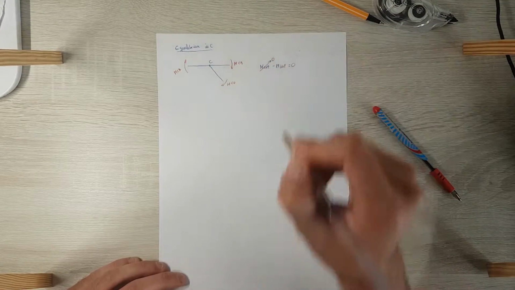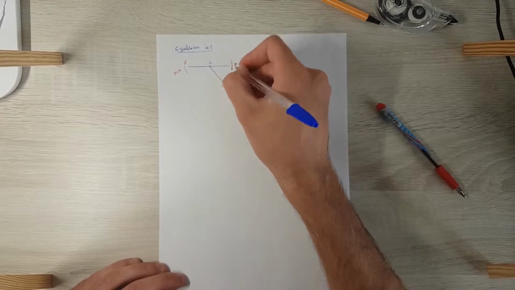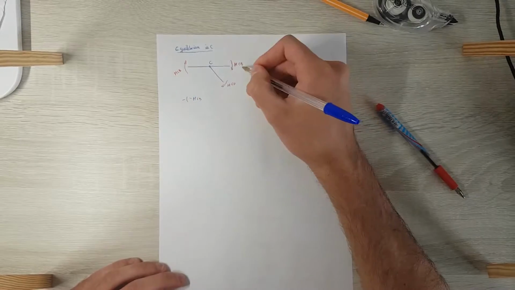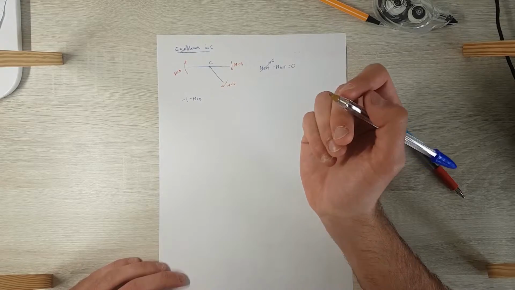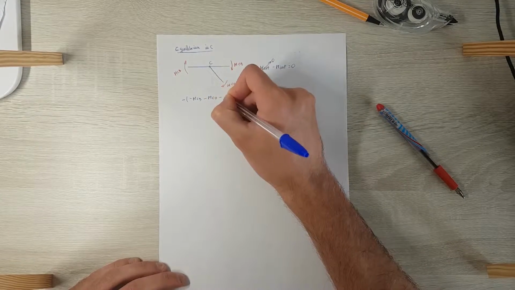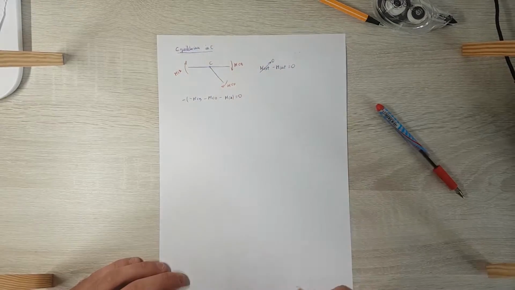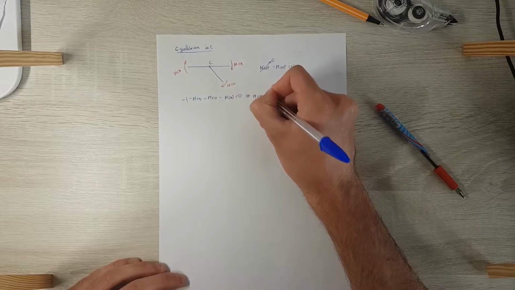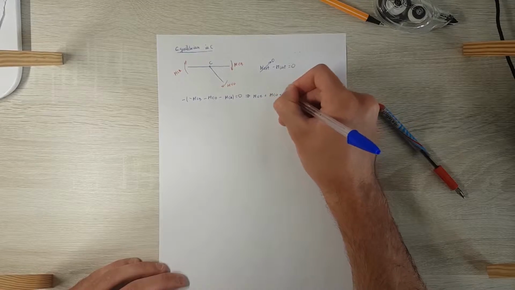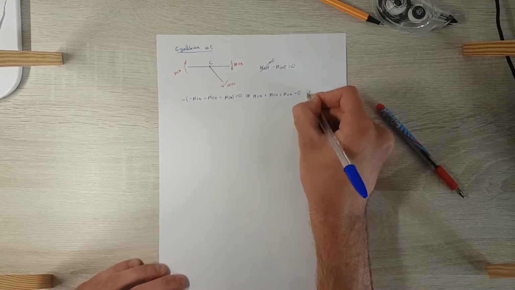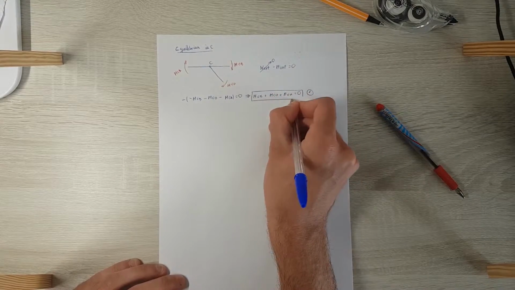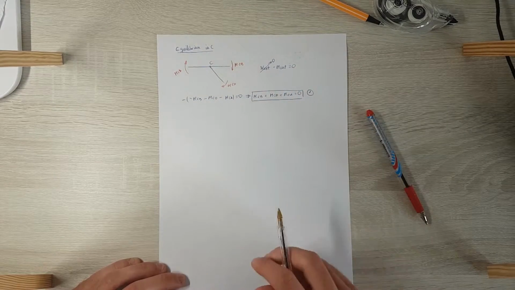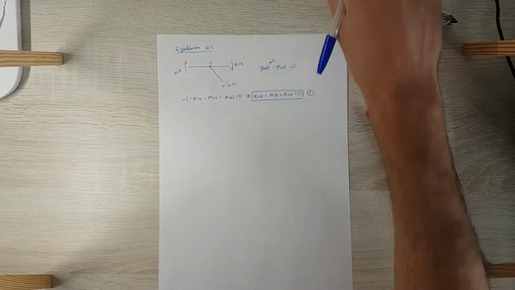As we have no external moments, we only have these three internal moments, with a minus sign because all the moments are clockwise, and this is equal to 0. So we have this first equation to solve the system. I'm not going to write all the values of the moments, but we have them from the fundamental equations of the system before.